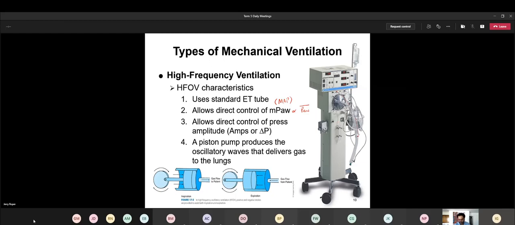If the analyzer is telling you that the FiO2 it's measuring is about 35%, you're going to have to turn this dial up even higher than 40 until the analyzer is reading about 40%. So when you're documenting, you're going to be documenting FiO2 based on your analyzer, not the actual device itself.